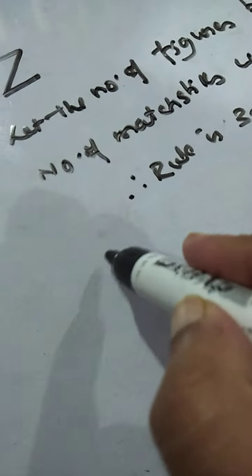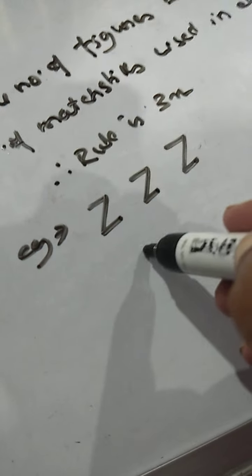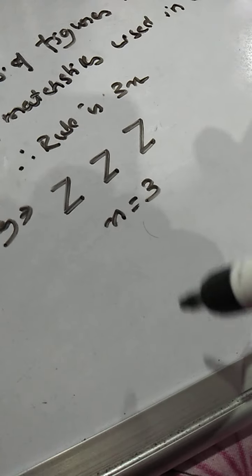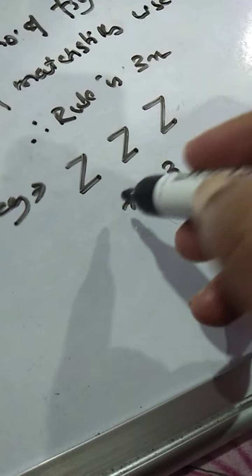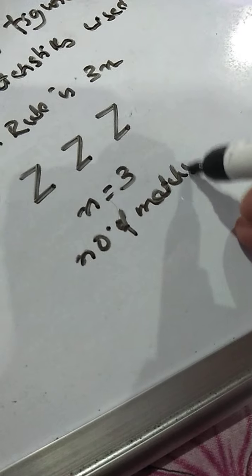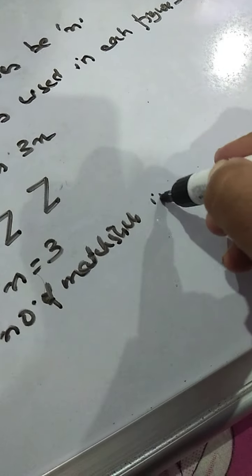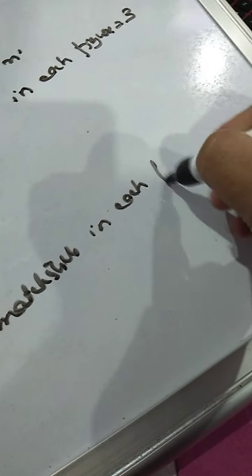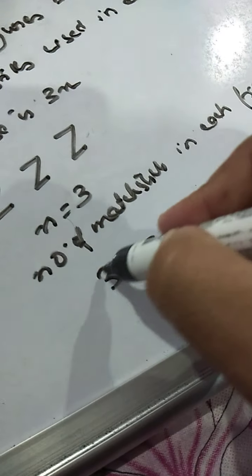Now let's see whether the rule is working or not. Suppose 3 Z's are there. So n is equal to 3, and the number of matchsticks in each figure is 3. The rule we are using is 3n.